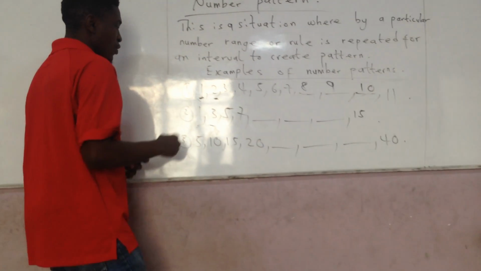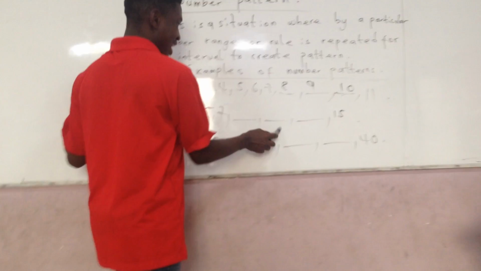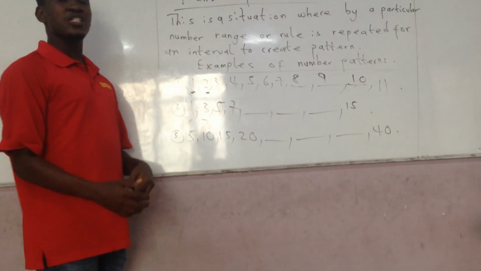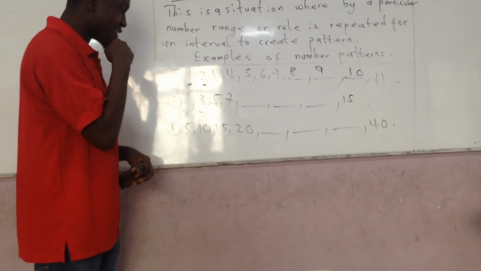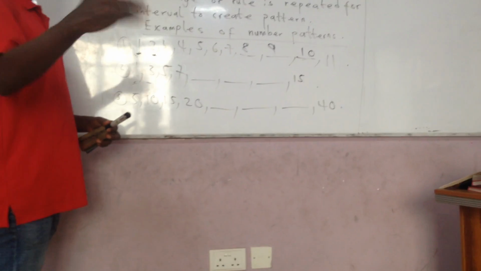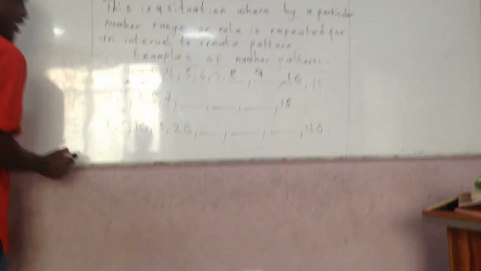Let's go to the second example. We have 1, 3, 5, 7, dash, dash, dash, 15. We have been asked to fill in the spaces provided. To make a pattern, the first thing you have to do is find the rule, by subtracting the first number from the second number.